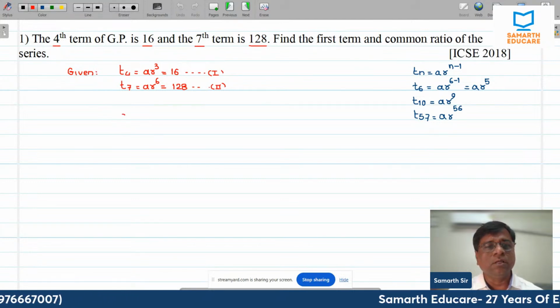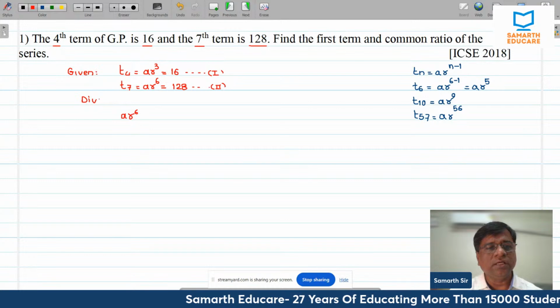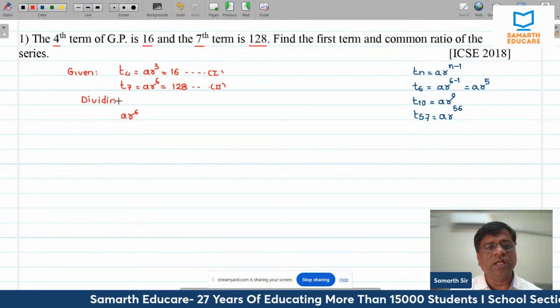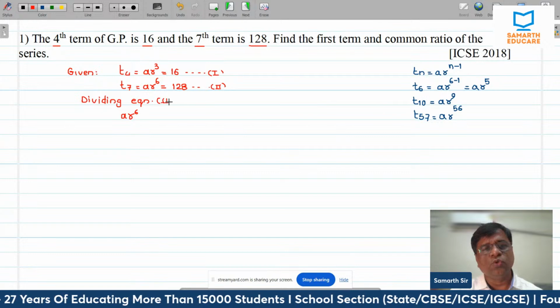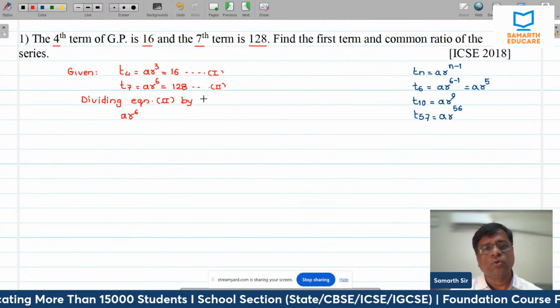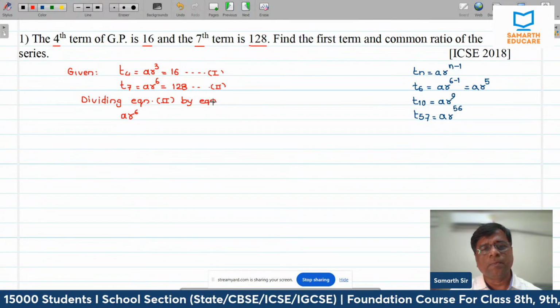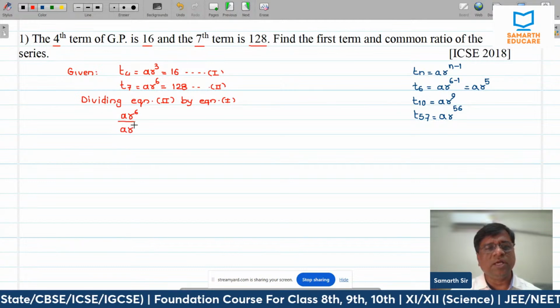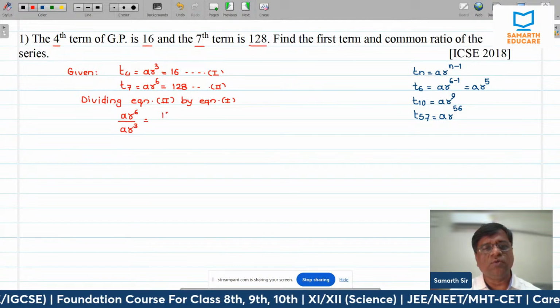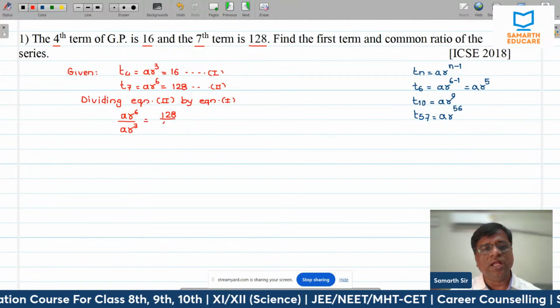Again, a r raised to 6, that means dividing equation 2 by equation 1, a simple formula. So a r raised to 6 divided by a r raised to 3 is 128 divided by 16.